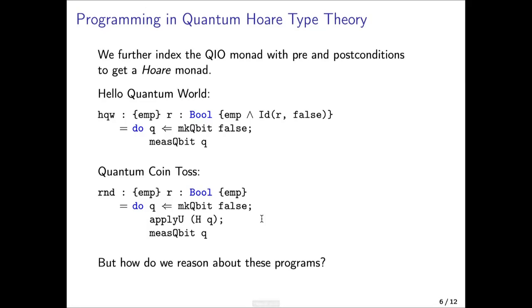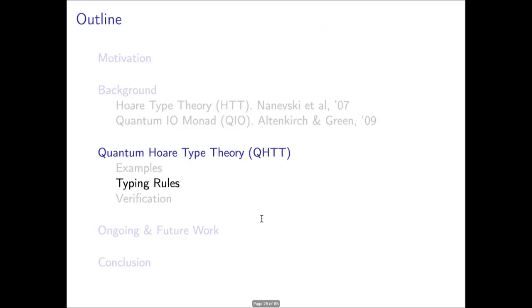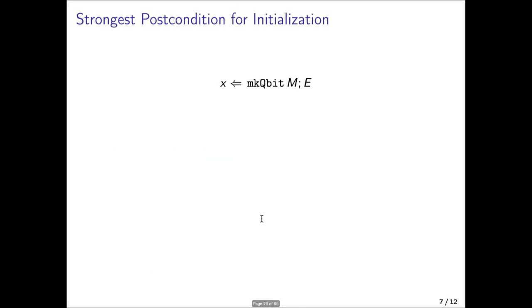But the question is, how do we mechanically reason about these programs? And that's where Hoare type theory's type system and reasoning techniques come in. So let's talk about them now. What we really need to do is change the primitives, like we saw alloc before in Hoare type theory, to support quantum primitives.